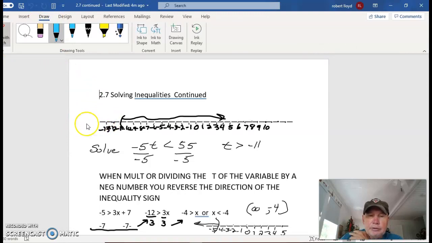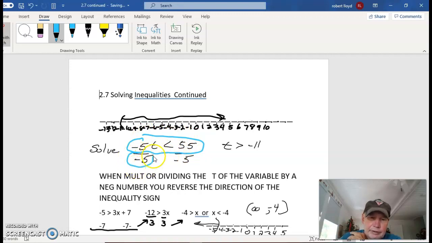So more on inequalities. If we start with the inequality negative 5t is less than 55, we divide each side by negative 5 because we want to get t all by itself. We normally would get t is less than negative 11, but because we're dividing by a negative, we reverse the sign of the inequality.